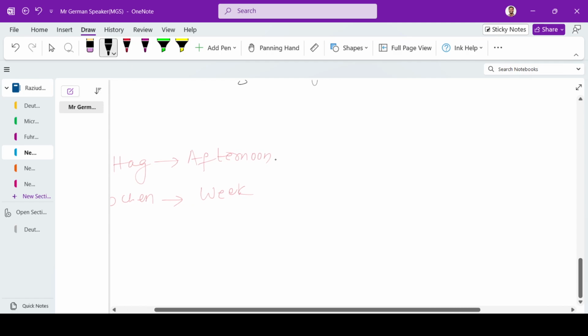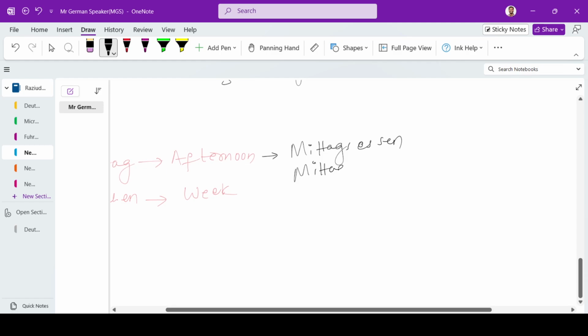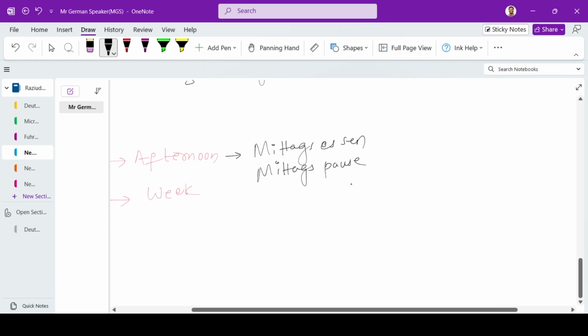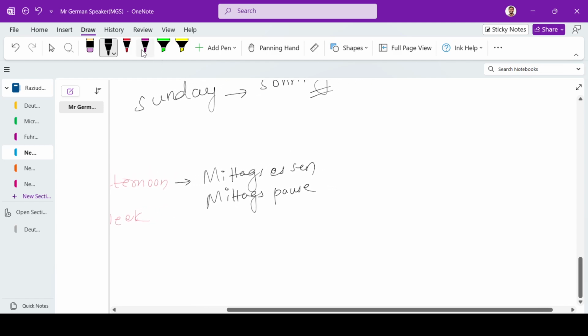If you are working in a German environment or in universities, they say Mittagsessen, or sometimes Mittagspause. Mittagsessen is basically, Essen is food. Mittags is like midday.